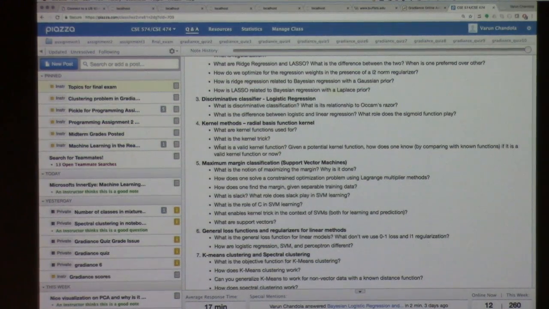So you need to also understand it in the context of support vector machines, right? So if you remember, the support vector machines by themselves are pretty easy, right? It's just W transpose X plus B. If it is greater than 0, you call it positive class, less than 0, negative class. But because of the way we solve it, because we are trying to maximize the margin, that's one difference.